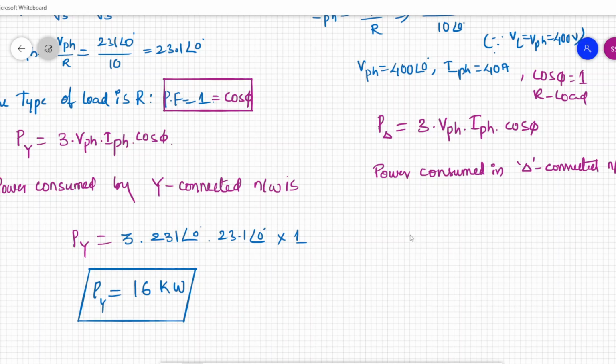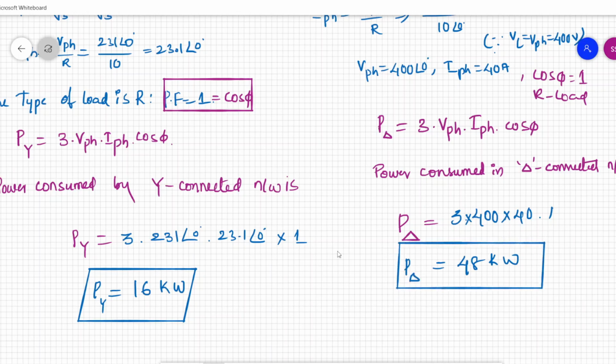P delta equal to 3 into V phase, which is 400, into I phase, which is 40, into 1. So that will be equal to 48 kilowatts. This is the power consumed in delta network.